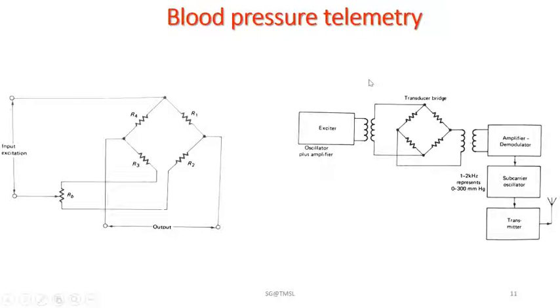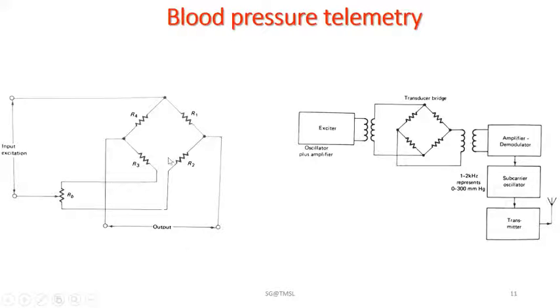So next is blood pressure telemetry. Here on the left hand side is a system for monitoring the blood pressure. It's a method of transmission, and the transducer used in this case is the flush diaphragm type of strain gauge transducer, and electrically it can be represented by this bridge circuit.